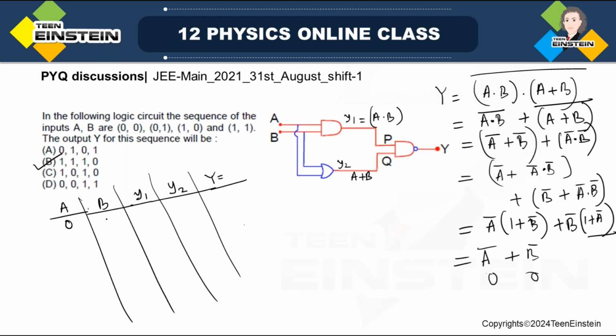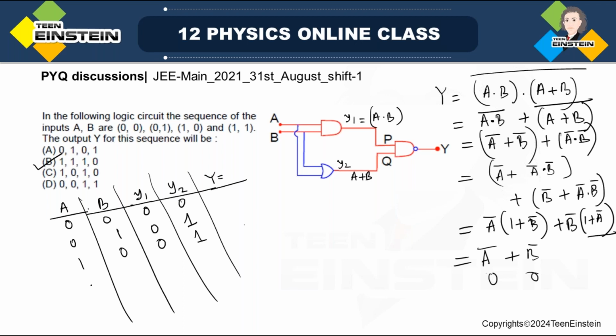So for 0 0, y1 is 0 and y2 is 0. Then for 0 1, the AND operation gives y1 as 0, and the OR operation gives 1. Then for 1 0, the AND operation gives 0, and the OR operation gives 1.